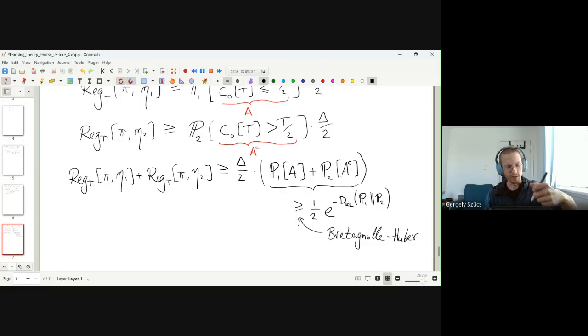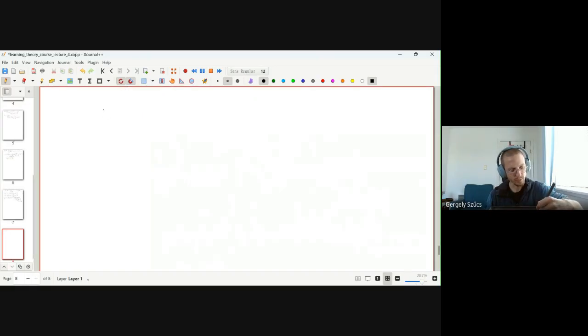Okay, so assuming this lower bound, we just need to work out this KL divergence. So I guess this is the KL divergence between the distributions which are pairing eta 1 with pi, up to time t, and pairing eta 2 with pi up to time t.